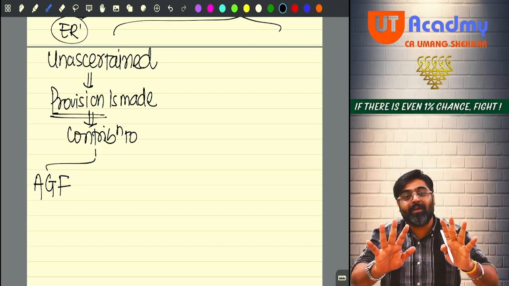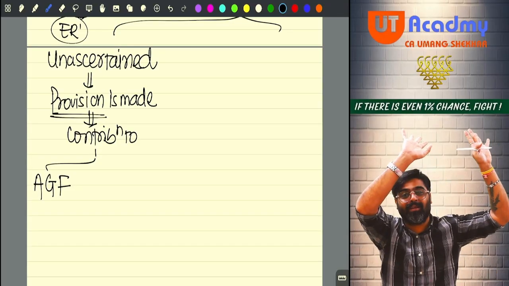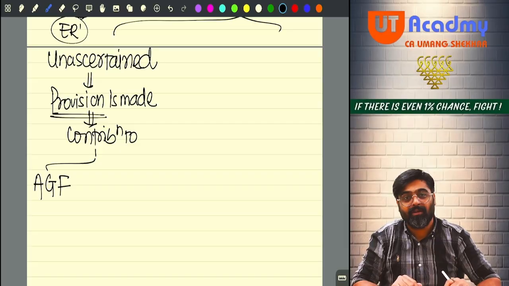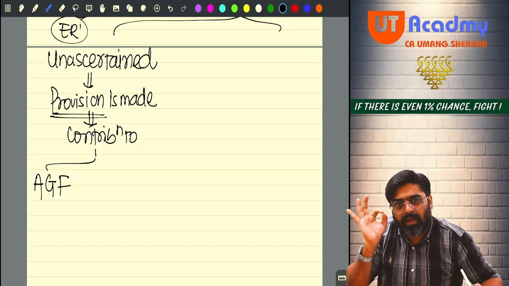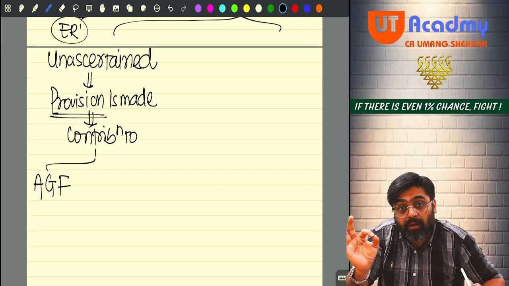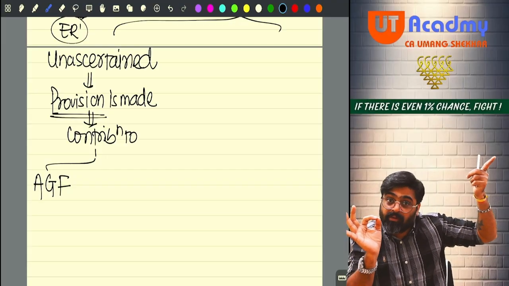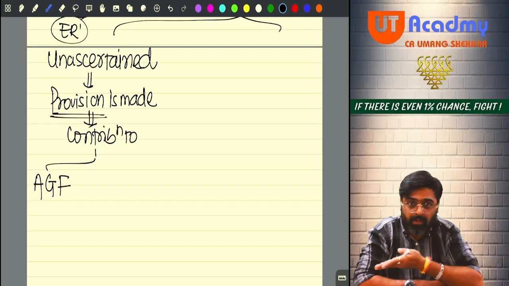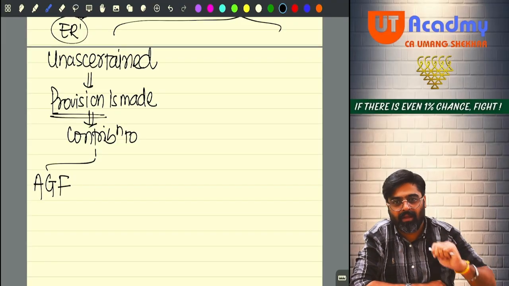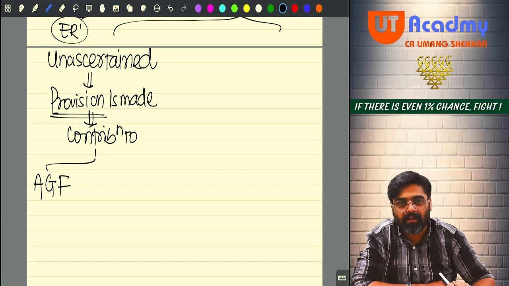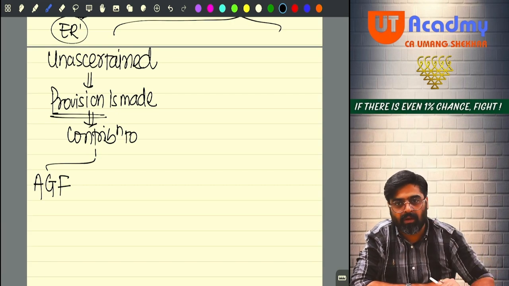I have to give this money to my employees only in the form of gratuity. So whatever amount I am keeping aside right now, is that money confirmed to be paid to my employees in future? Yes. If I don't pay this money to my employees, POGA will kill me. There will be penalties and fines imposed on me.